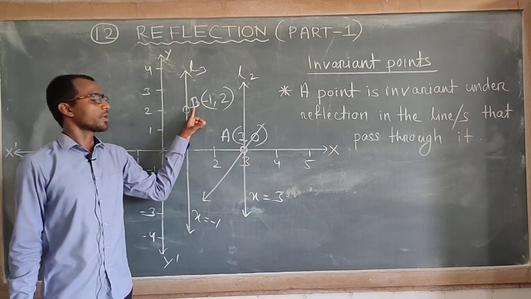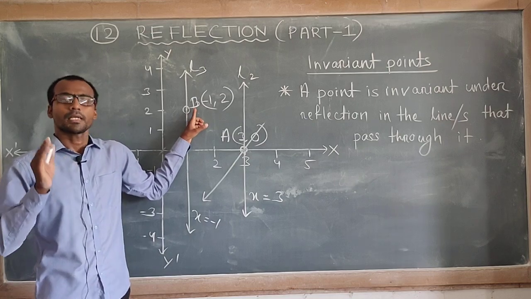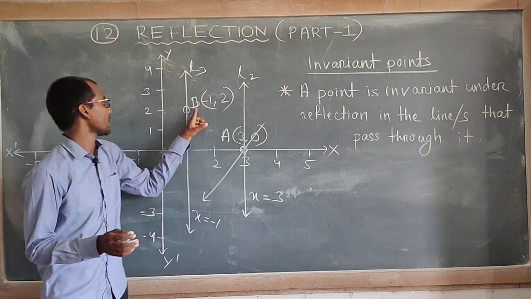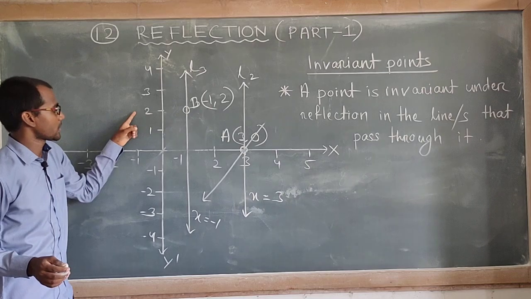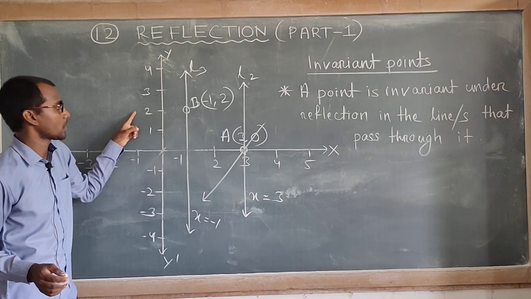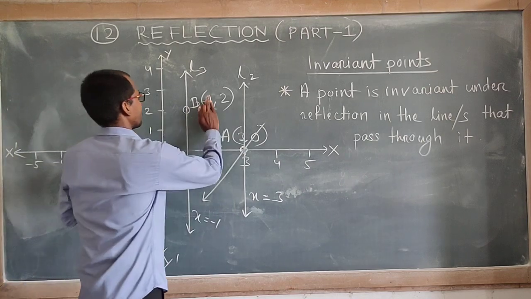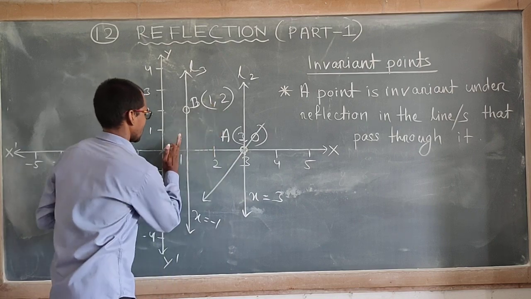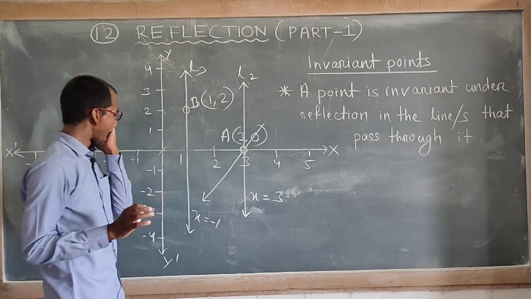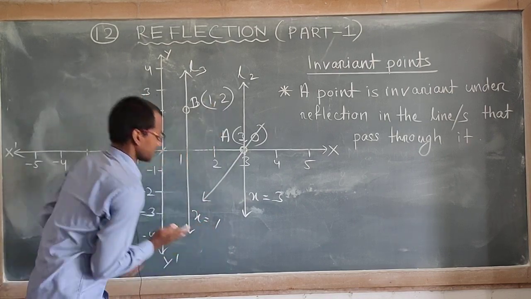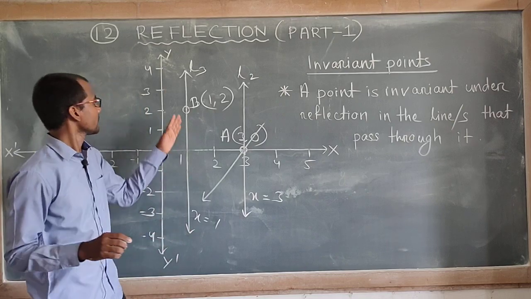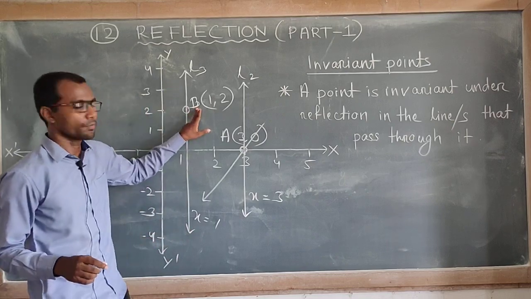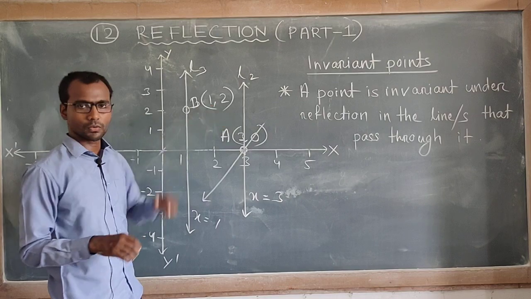If I reflect this point B in the y-axis, its image will be formed here, and its coordinates will be (-1, 2). Sorry, this is +1. This point B, its coordinates are (1, 2).